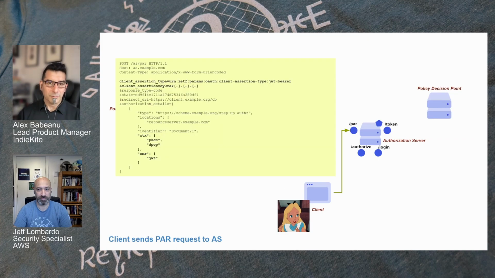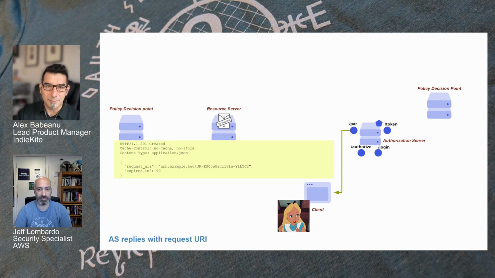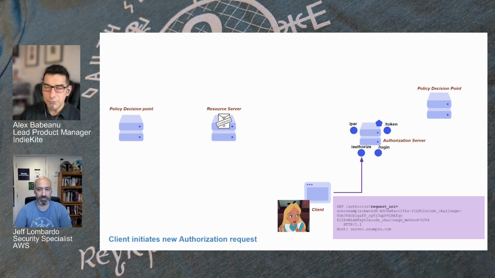The client now can process that and actually issue a PAR request using all the required elements. It provides a PKCE and a proof of possession, as well as authenticates with the JWT, and it submits all of this to the PAR endpoint of the authorization service. From that, it gets back a URI for the request, which it then uses to make a new authorization request on the authorization service.